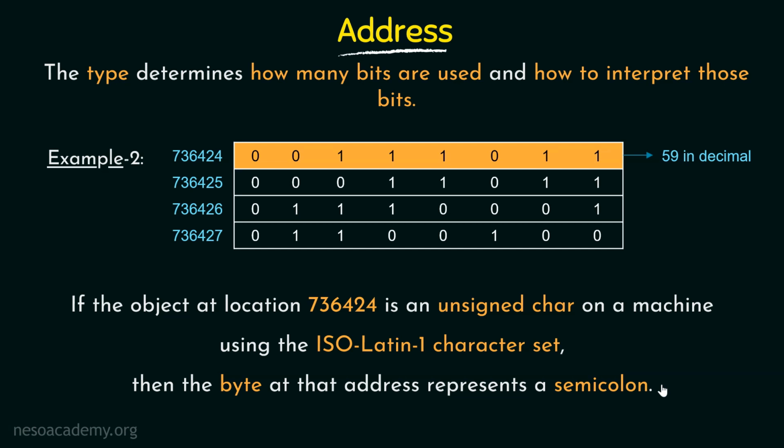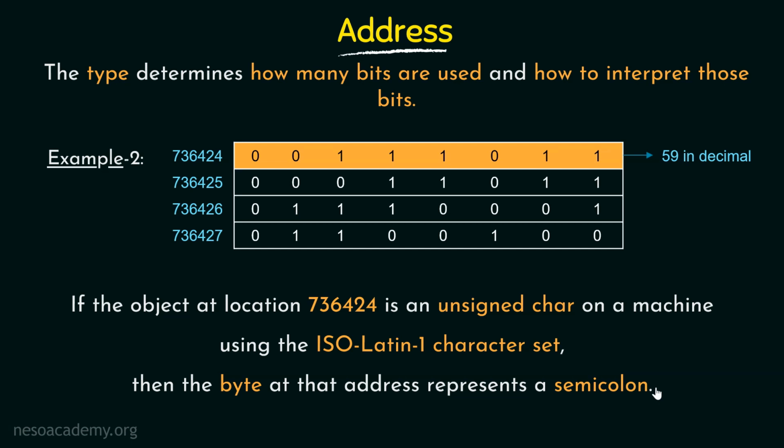So in the previous slide, we saw that if this same thing is used for representing a float type, then it was spanning the entire bits from here till here, and that was representing some float value. But if it is used for representing an unsigned character, then starting at the same address, it is going to take only these 8 bits and it represents a semicolon. So this is how the data is represented at machine level.